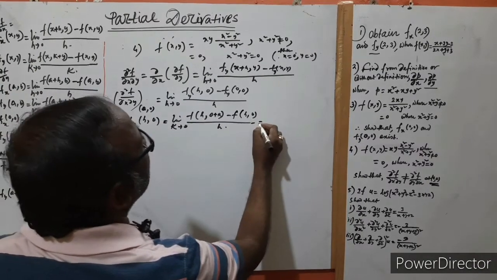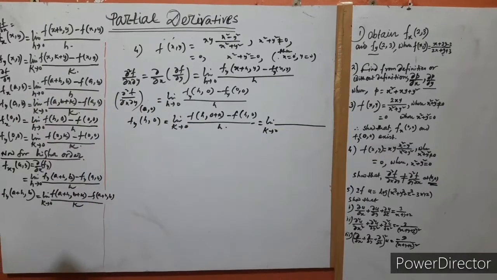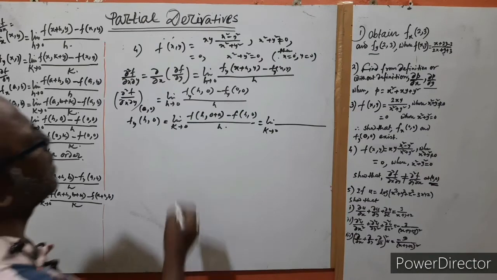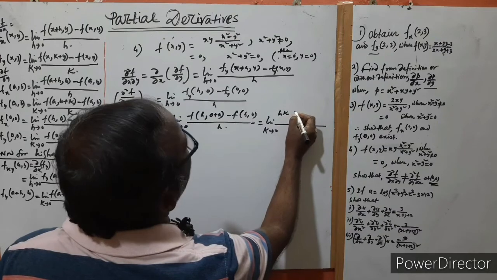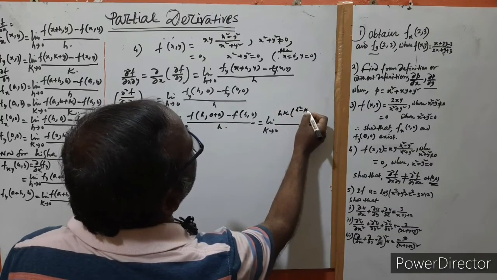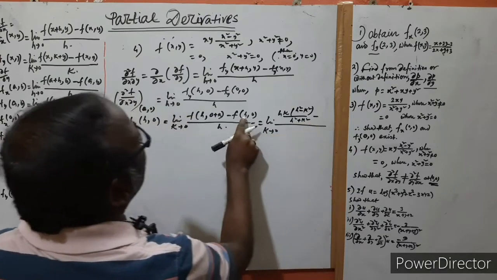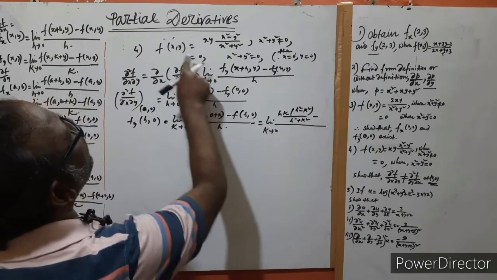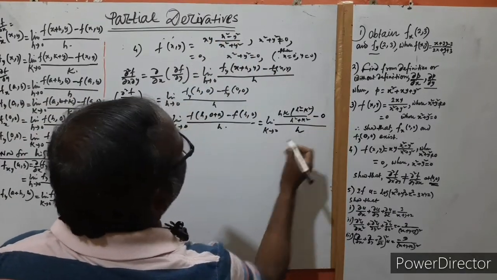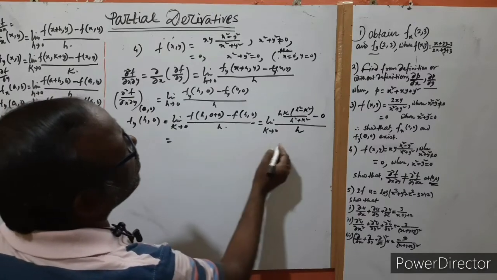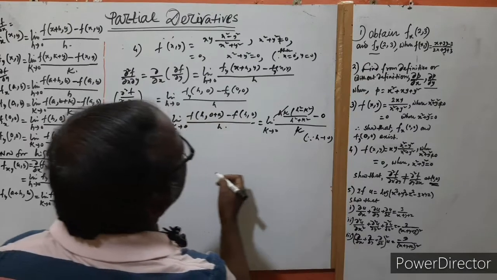See, this is limit k tends to 0, f of (h, k) is h k (h square minus k square) by (h square plus k square), and at (h, 0) the whole thing is 0, so that is by k. So k and k cancel.